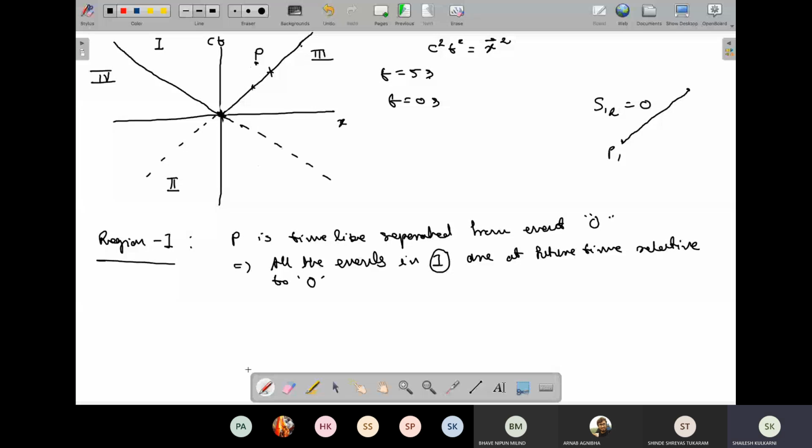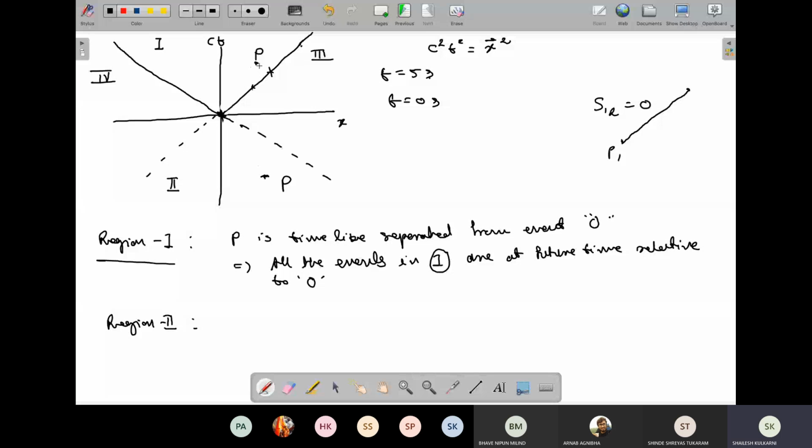Similarly, in region 2, what is happening? Suppose I consider any event, say P, then all the events which are happening inside this region 2 will remain in the past of this event. Same argument. You cannot go from here to here.